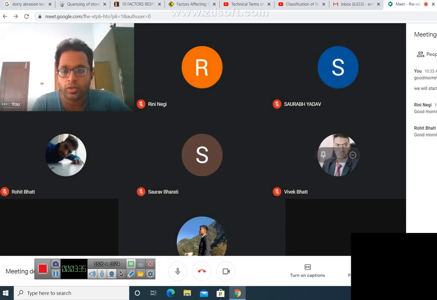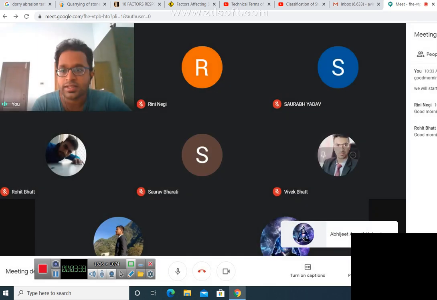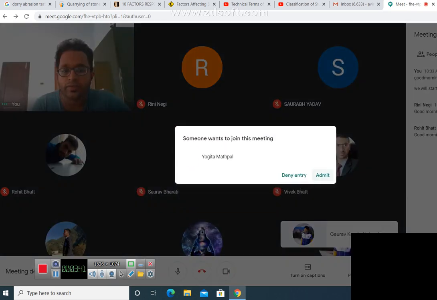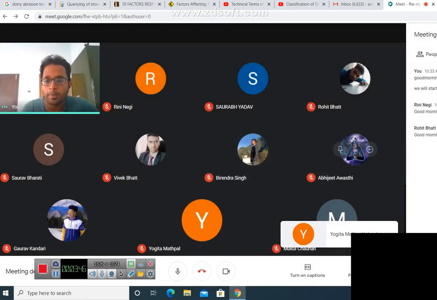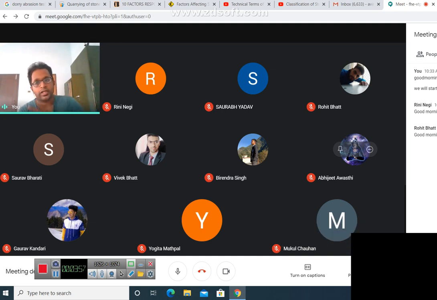So, in the Dory abrasion test, what is happening? You will have one flat circular iron disc, which is capable of rotating in a horizontal plane. You will have a provision for fixing the sample, and once the stone sample is placed in the tray, you allow the tray to revolve for 500 revolutions, and before starting the revolution, you feed abrasive sand in the cone fixed there.